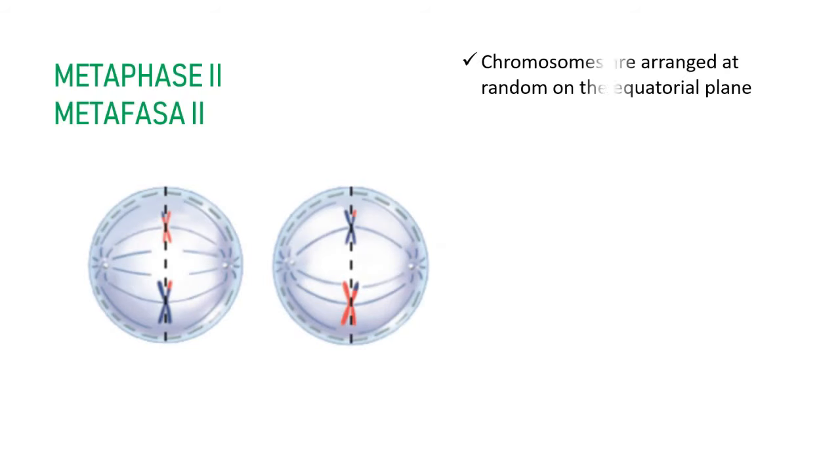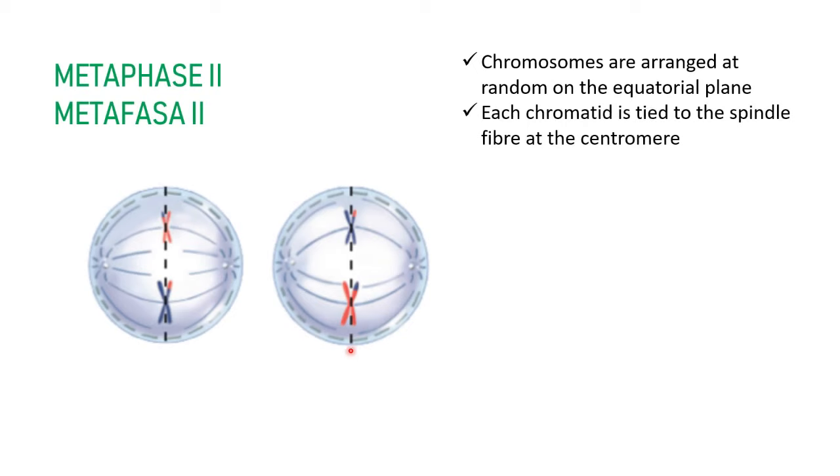In metaphase 2, chromosomes are arranged randomly on the equatorial plane. No more homologous chromosomes. Please take note of this. There are no more homologous chromosomes, just chromosomes arranged randomly on the equatorial plane.